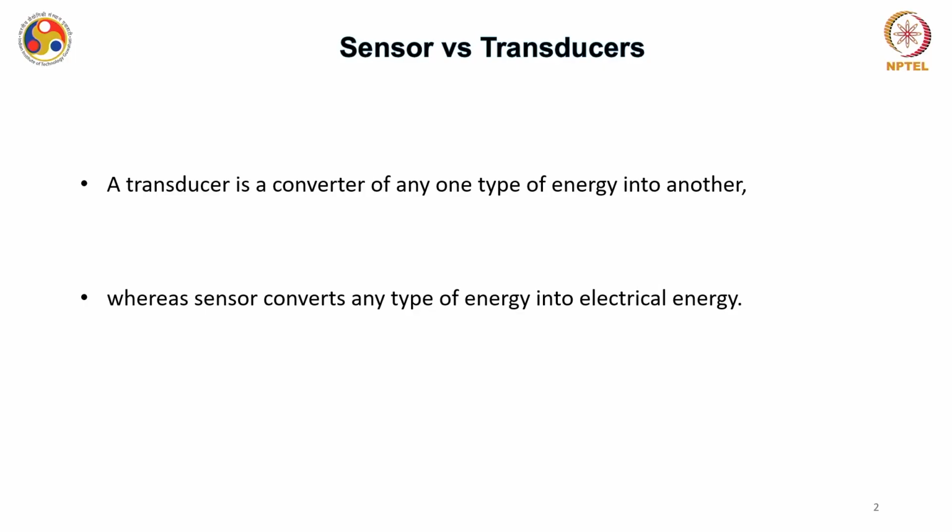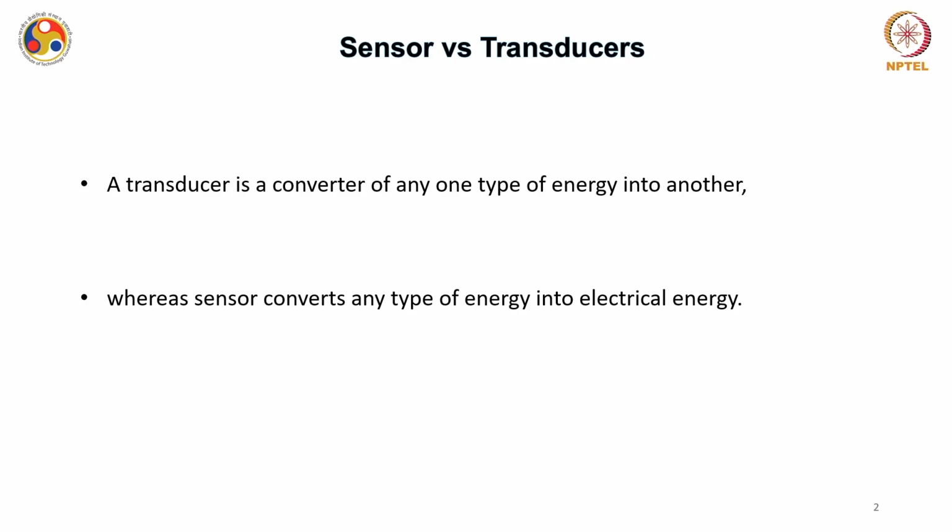But this course is mostly based on the transducer, particularly this module. So we will mostly focus our discussion around the transducer. A transducer is a converter of any one type of energy to some other form of energy.